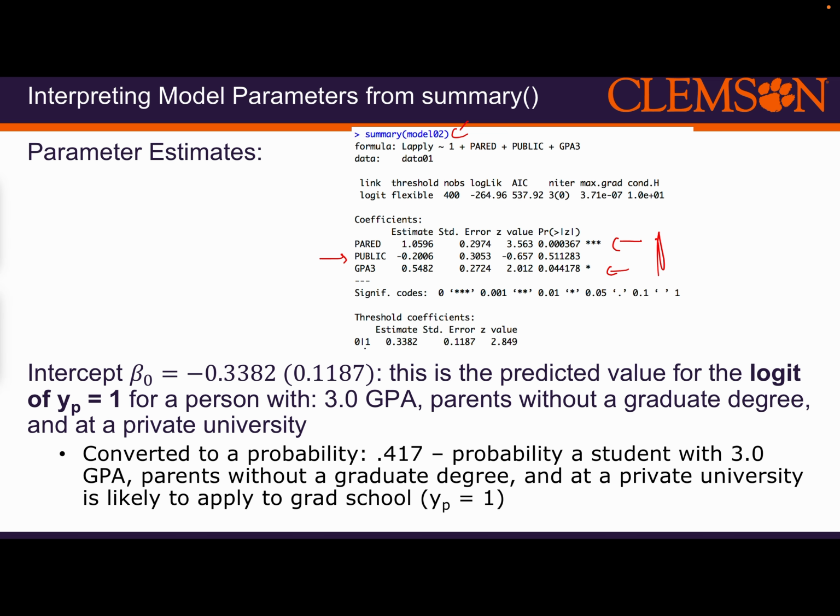So it doesn't really matter whether or not a person goes to a public or private university. So the intercept, or in this case, the threshold, is the predicted probability for the logit of 1. The threshold is for a 0, but if we convert that to an intercept, we multiply it by -1.